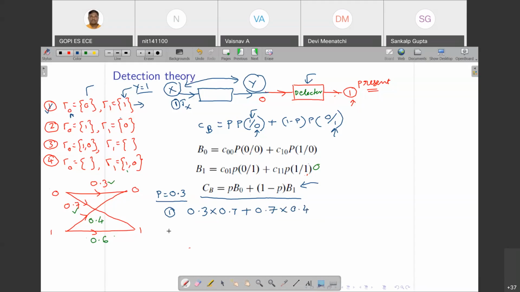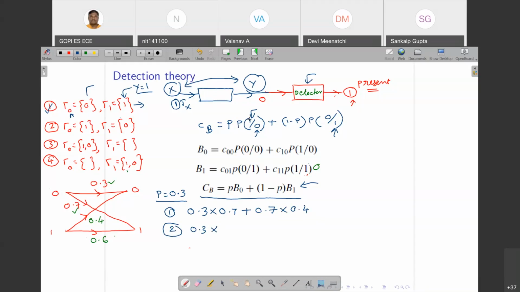So let me go for the second rule, then you can get it a little more clearly. As far as p is considered, this is going to be 0.3 only, there is no doubt in it. But when it comes to the probability of 1 given 0, it is not just that, right?